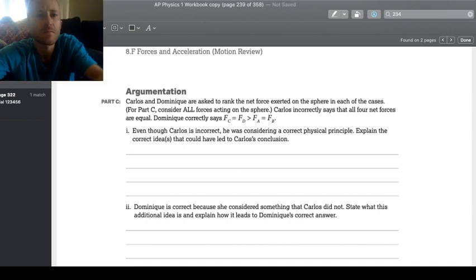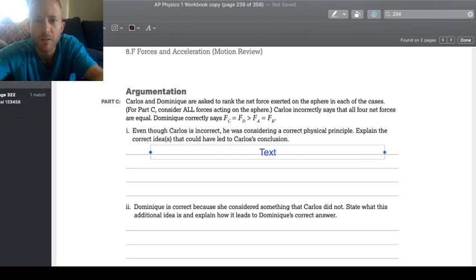So what I would say is for Carlos, so Carlos is incorrect. But why did Carlos think what he thought? He would say, well, F equals K Q1 Q2 over R squared.